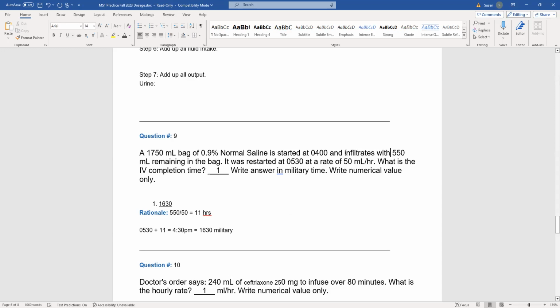Because your bag infiltrated. So what you started with was 550 at a rate of 50 an hour, so you take the 550 divided by the 50. And then you started it back up at 05:30 a.m., because in military time, that's how you write that.